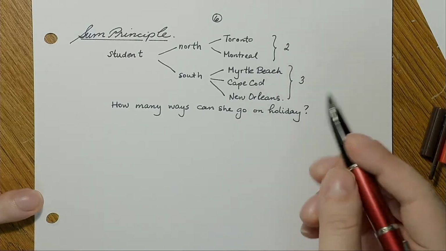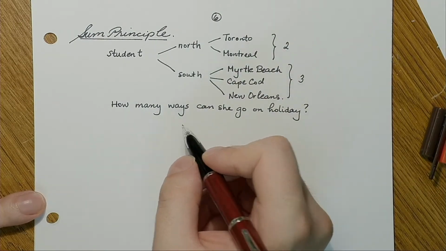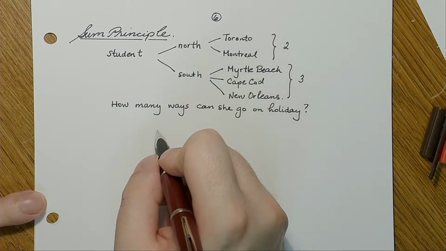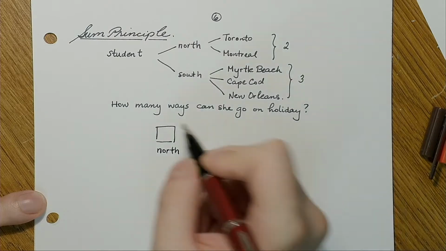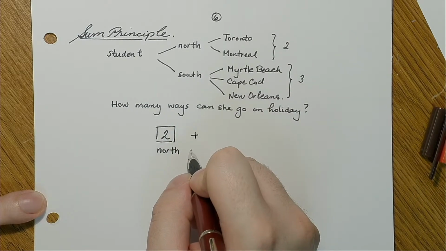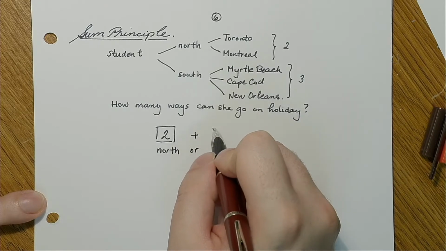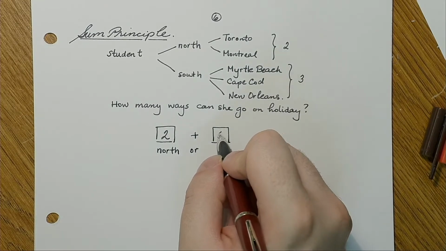Okay, how many ways can she go on holiday? Well, she can pick either going north. So if she goes north, there's 2 possibilities. Or she can go south.